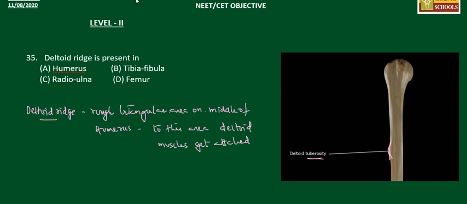So this portion is what we call the deltoid ridge, and that is present on humerus. So answer is A.